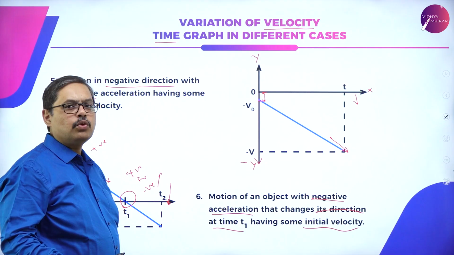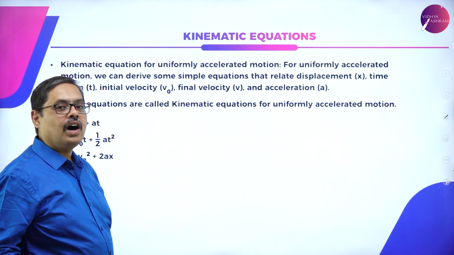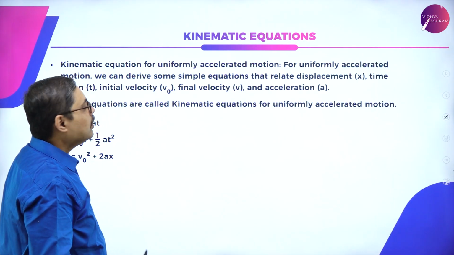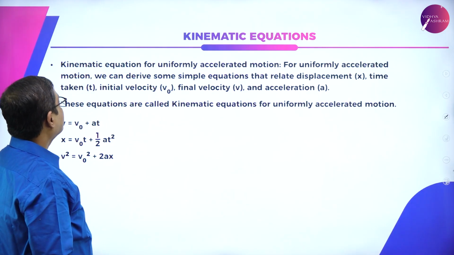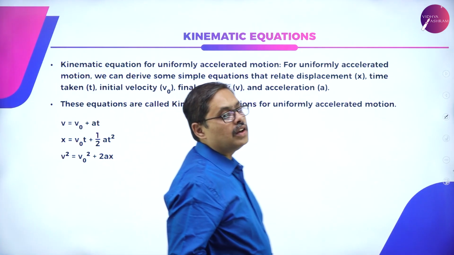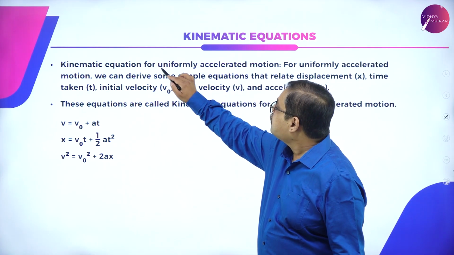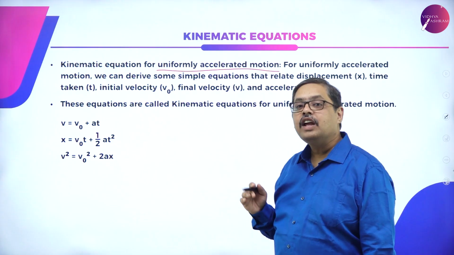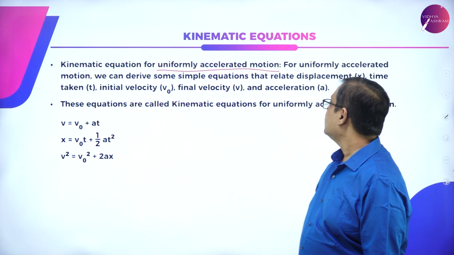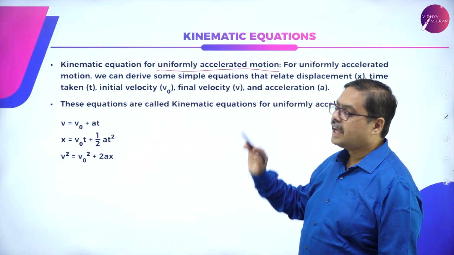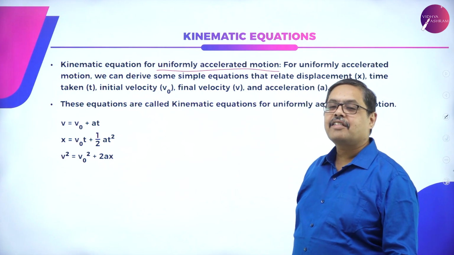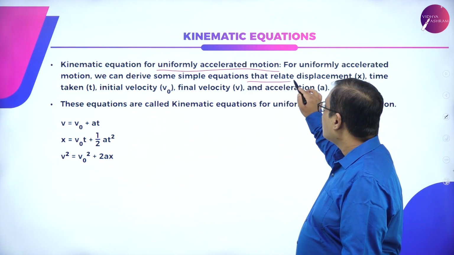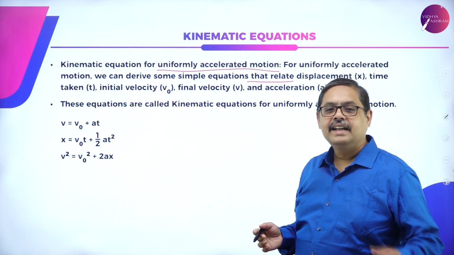Okay. Let us move on now and check how kinematic equations of motion can be derived. What are kinematic equations? Kinematic equations for uniformly accelerated motion. Please remember, this is for uniformly accelerated motion. For uniformly accelerated motion, there are 5 different types of quantities that are considered.